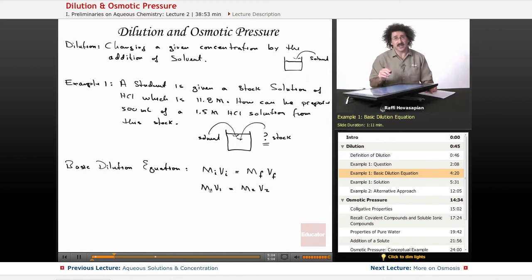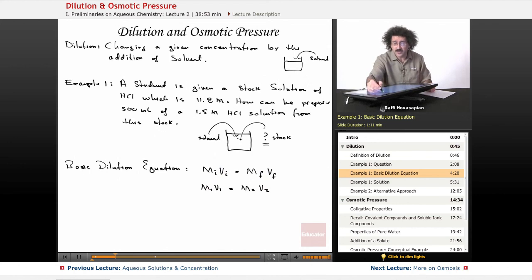So this M is molarity, not mass. Very, very important. So the molarity times the volume that we start off with, in other words, of the stock solution, equals, once we've diluted it, the final molarity times the final volume. So this is the equation that we want to work with.